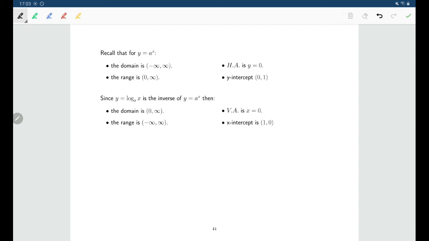You also know that an exponential function had a horizontal asymptote y equals 0, so a log function should have a vertical asymptote x equals 0. An exponential function has a single y-intercept (0, 1), so the logarithmic function should have a single x-intercept (1, 0).